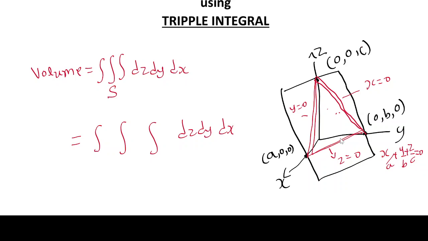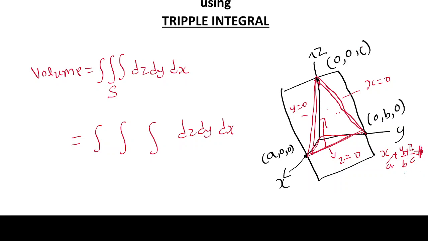First I have to write the limits for the z variable. If I observe the tetrahedron, the bottom face is z = 0, so it starts from z = 0. If I go upward, we will get the plane x/a + y/b + z/c = 1.